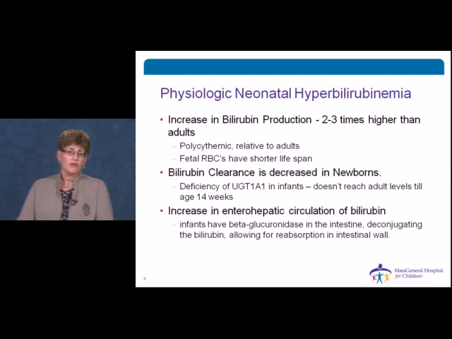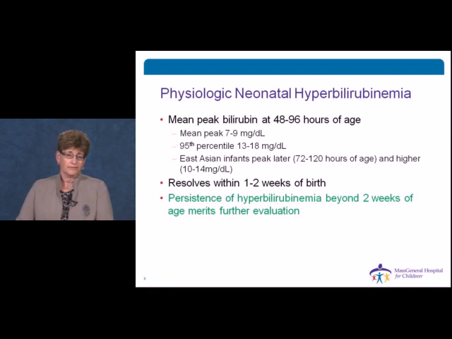So the enzyme UGT1A1, the way that bilirubin is conjugated with the glucuronide, there's a relative deficiency of that enzyme in infants, and it doesn't really reach adult levels until about age 14 weeks. And then there's also an increase in the enterohepatic circulation of the bilirubin, so that more bilirubin is coming back via the intestine into the hepatocyte.